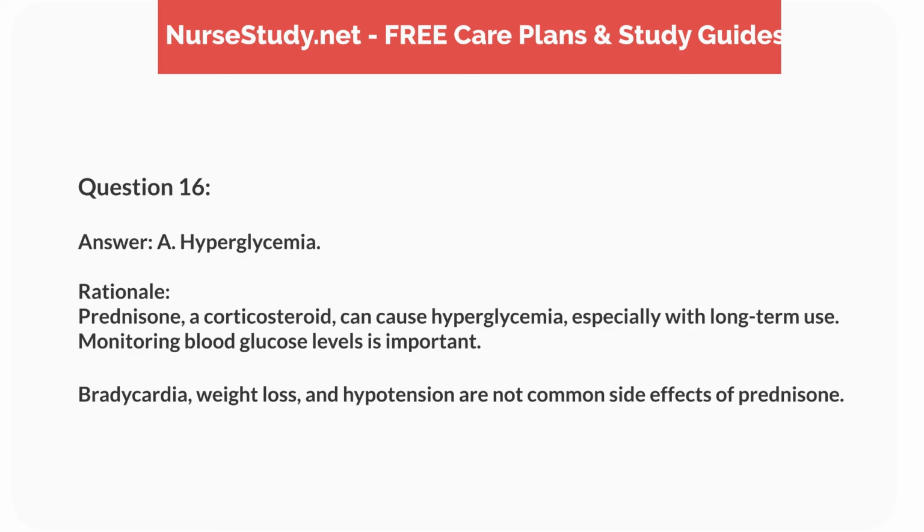Answer. A. Hyperglycemia. Rationale. Prednisone, a corticosteroid, can cause hyperglycemia, especially with long-term use. Monitoring blood glucose levels is important. Bradycardia, weight loss, and hypotension are not common side effects of prednisone.